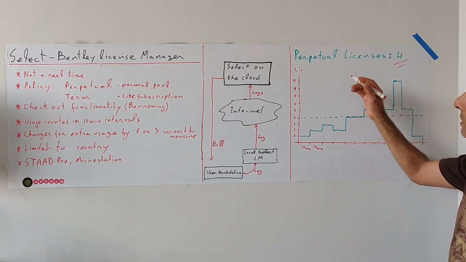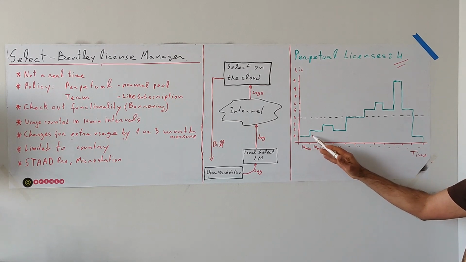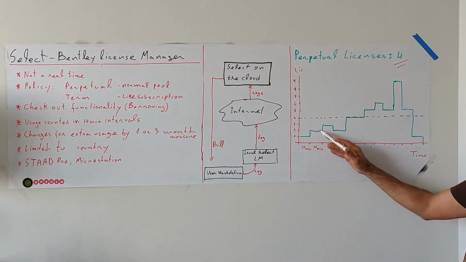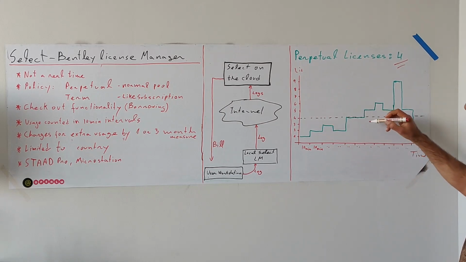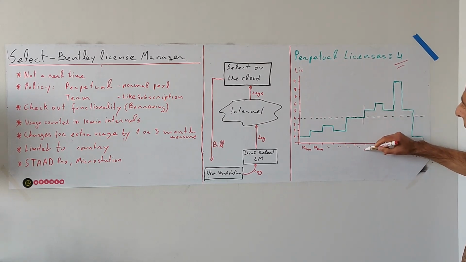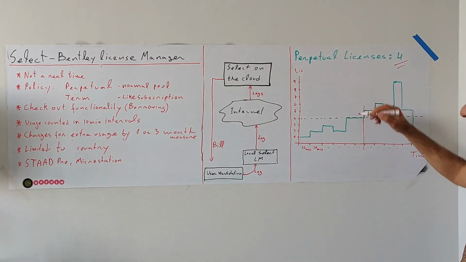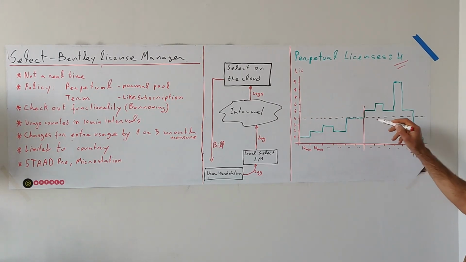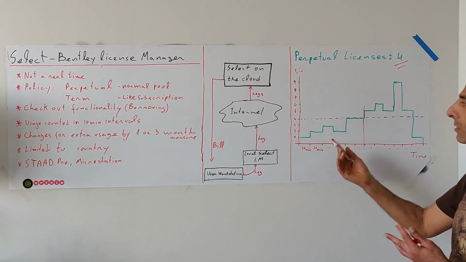So let's look at this example. I started with 1 license, for the first 10 minutes, and then 2, 3, and so it goes. As long as I am in this area, I'm only using my perpetual licenses. So it doesn't matter if I consume all the licenses or any number, I'm not paying. I already paid for that.